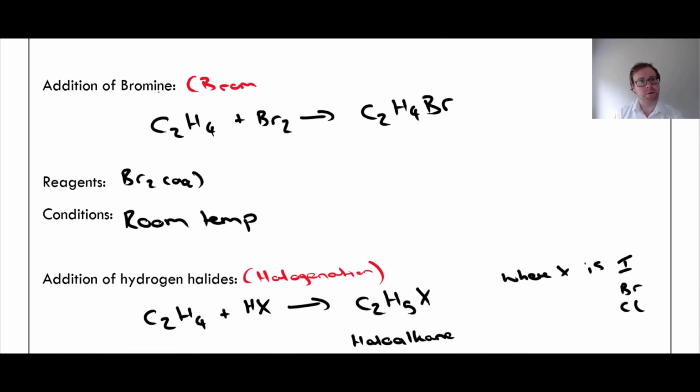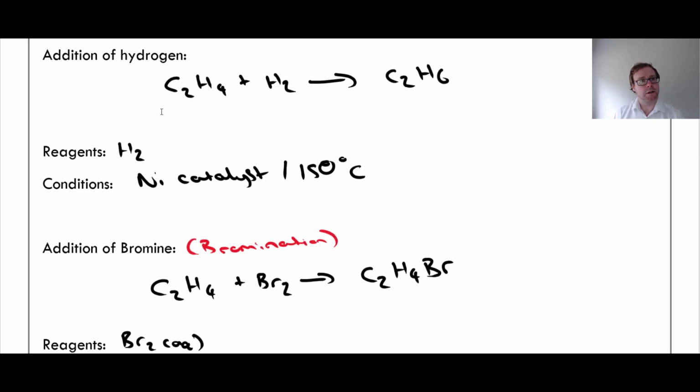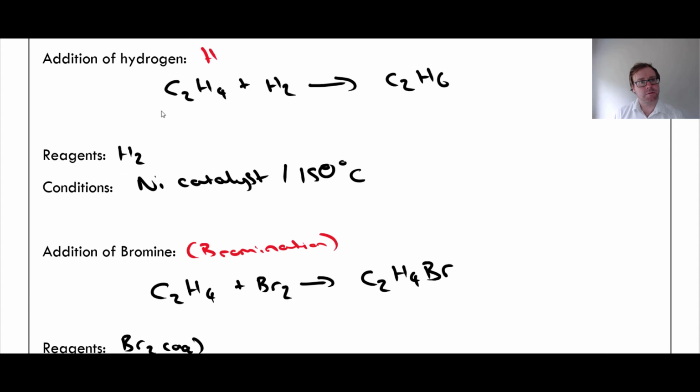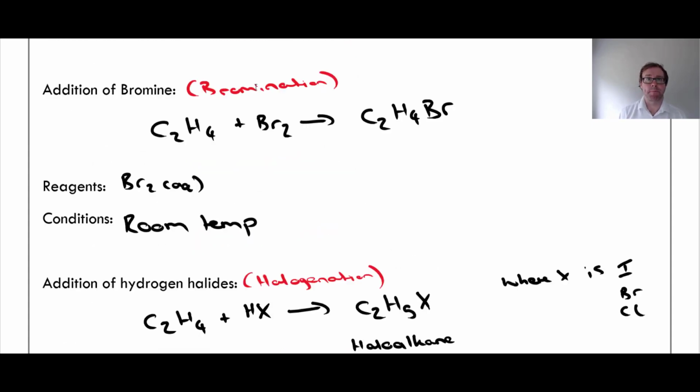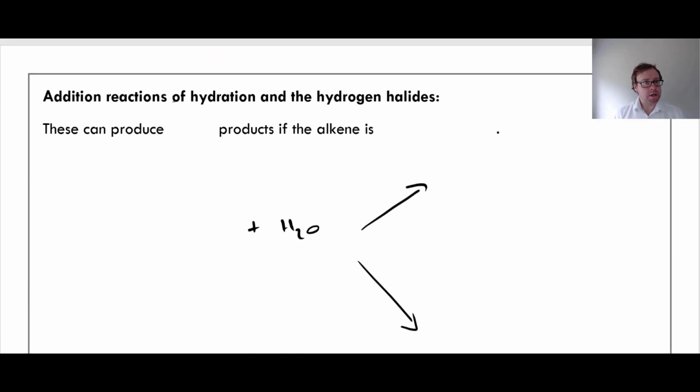Unsurprisingly, I think you can probably work this out. This would be bromination. And adding hydrogen would be called hydrogenation. Okay, sorry, I forgot to put them on. Okay, so moving on. So addition reactions of hydration and the hydrogen halides.